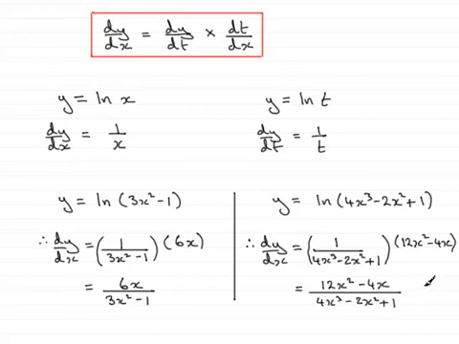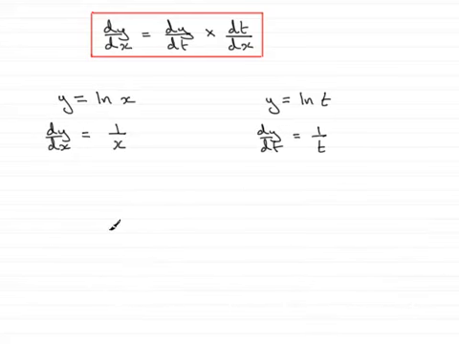Okay, and I could try this with many other types of examples. Let's try a trigonometric one, for instance. Okay, so we'll just take these ones off. So suppose we had the natural log of sine x.